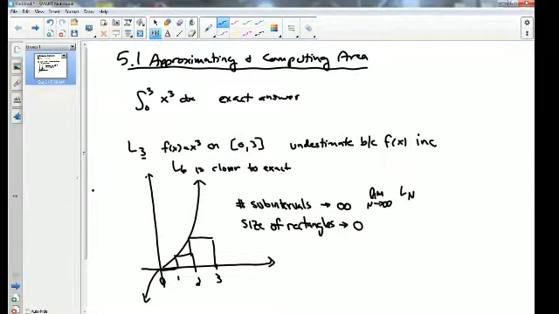This one has some funky mod notation. Computer scientists know what mod is, right? Anyway, it's a limit where this is the size of the partition, or the size of the rectangle.